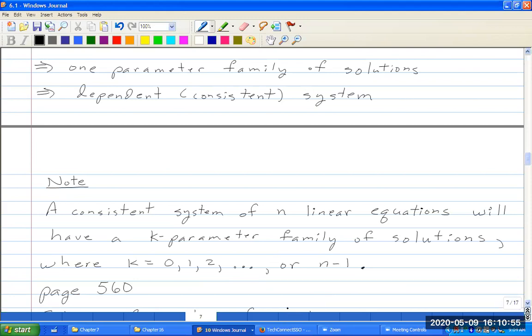So they'll have between 0 and n minus 1 parameter family of solutions. So in general, that's what your solutions will look like.